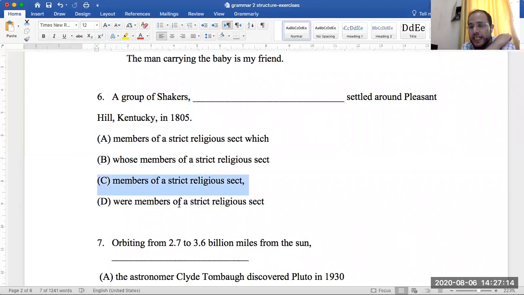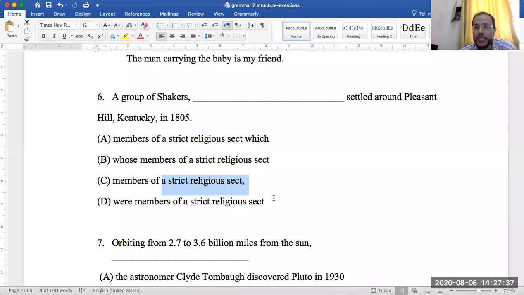So what happened here? Members, see, we closed the comma again. A group of Shakers, members of a strict religious sect, meaning a strict religious group, sectarian, settled around the Pleasant.